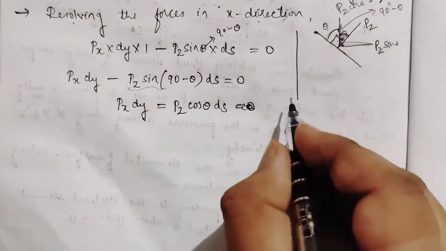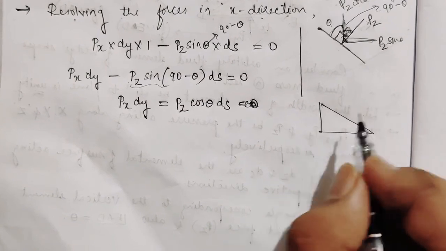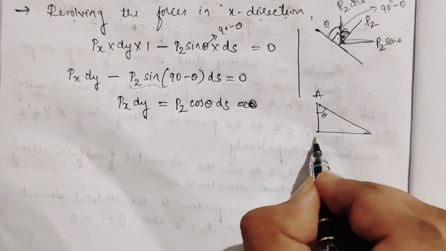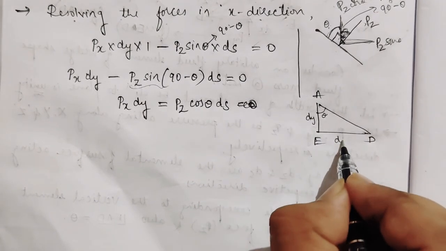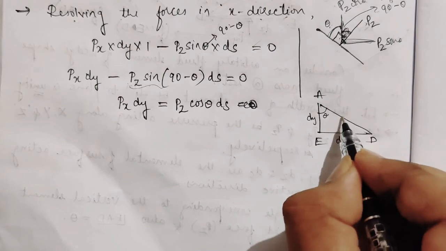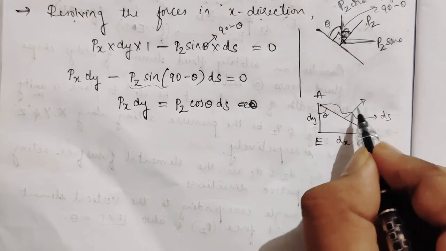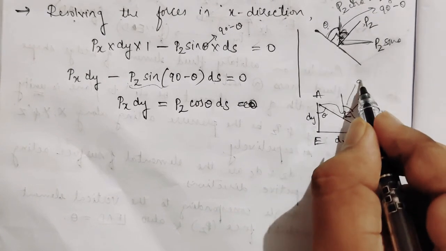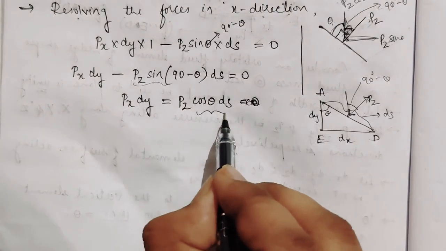Now this is the wedge element. This is theta, A, E, D, this is dy, and this is dx, this is ds, here the pz is acting, right? So this is 90 degree minus theta. Now I want to make this term.